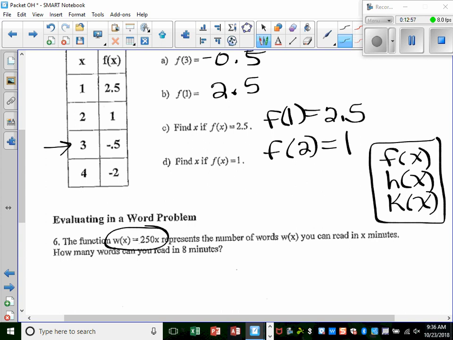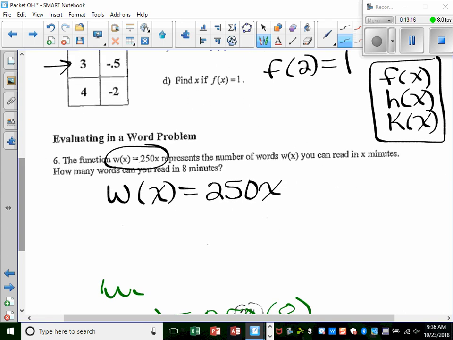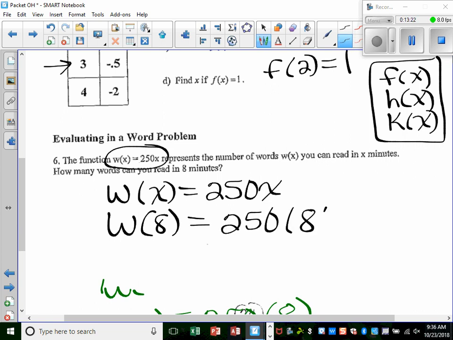In number 6, it says the function W of x equals 250x. It represents the number of words you can read in x minutes. So how many words can you read in 8 minutes? It's asking you to replace x with 8. You might want to write this down.